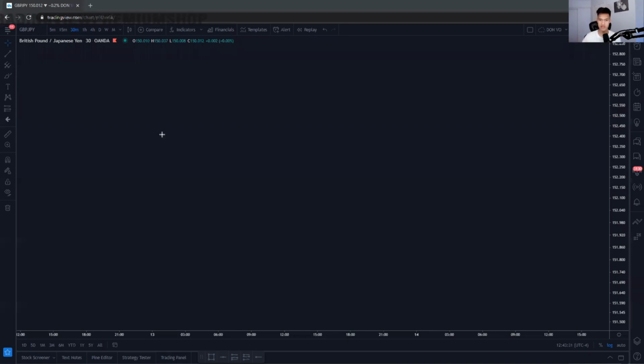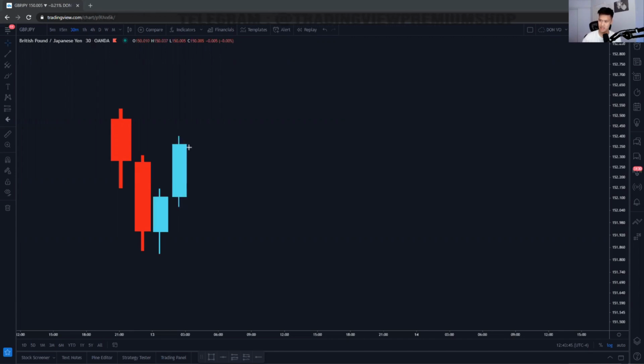So let's say we have a range here. Range formed. Price pushes down, creates the range, and now we have something like this. So this is the range.